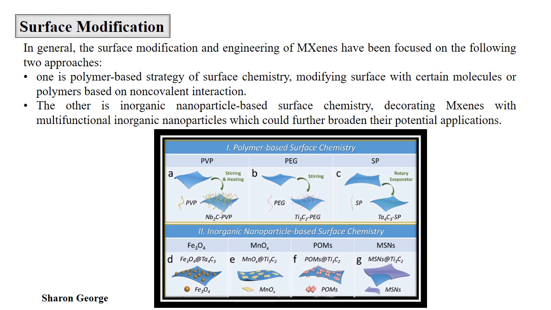And the second approach is decoration with inorganic nanoparticles. So inorganic nanoparticles like iron oxide or MnO2 or any other material, we can use to decorate the surfaces because MXene has many different surface terminations.